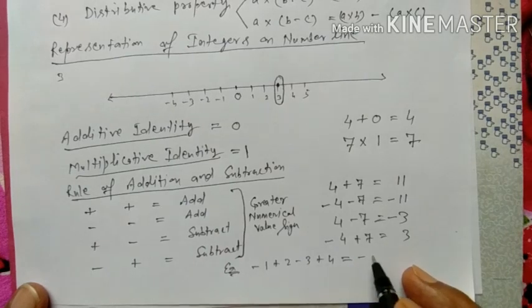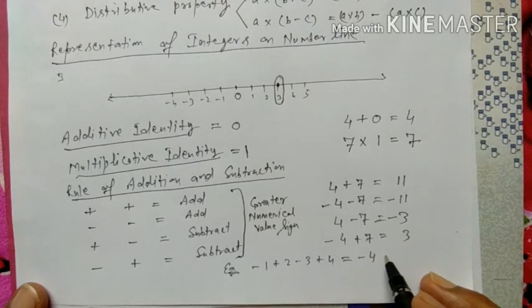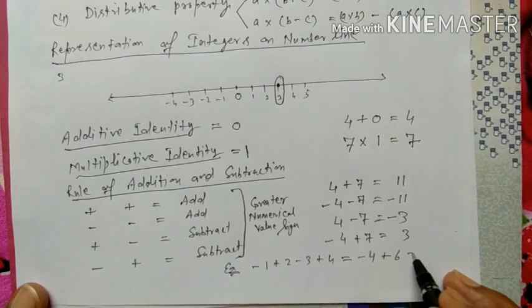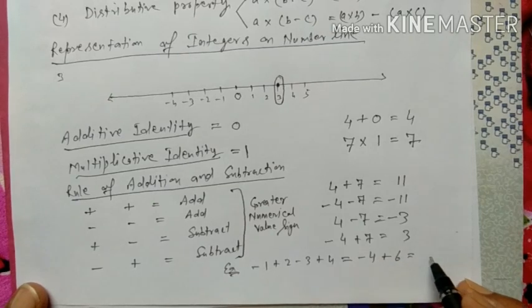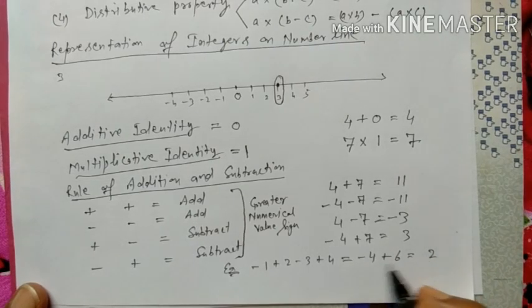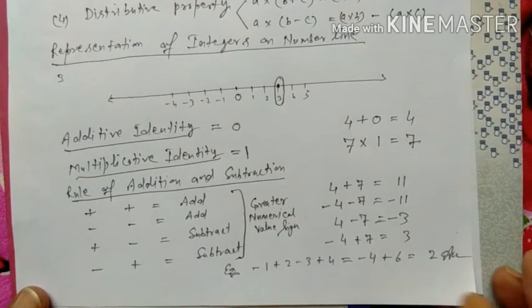It becomes minus 4, and plus 2 and plus 4 becomes plus 6. Then one is negative and the other is positive, so it will be subtracted. 6 minus 4 equal to 2, and the sign is plus. In these two numbers 6 is greater, so here will be plus, or this is 2, the answer.